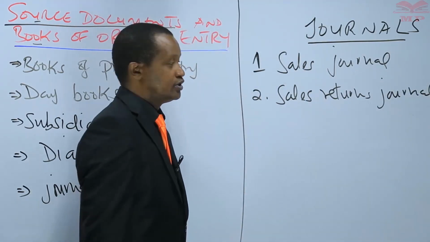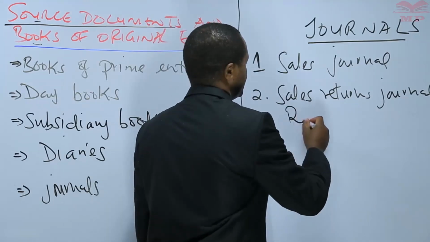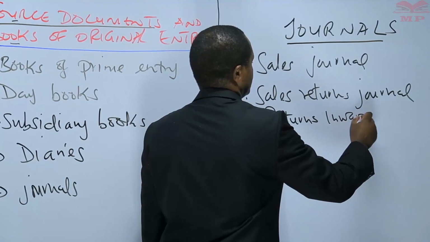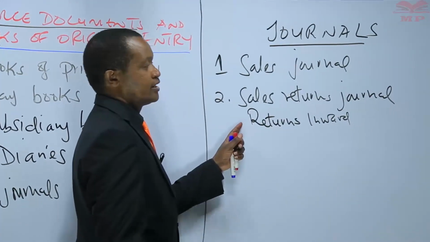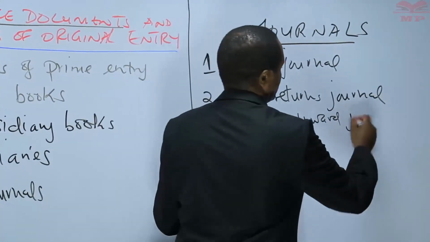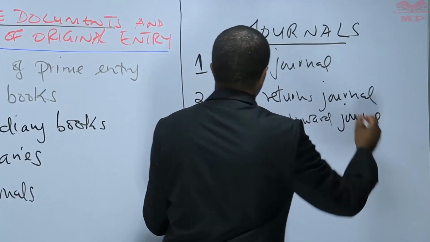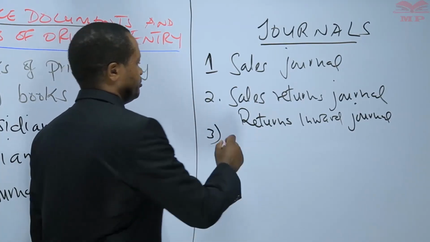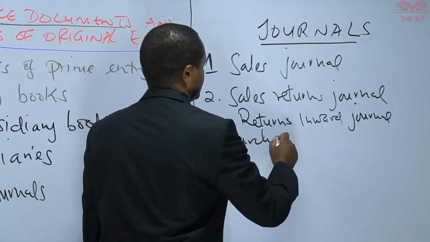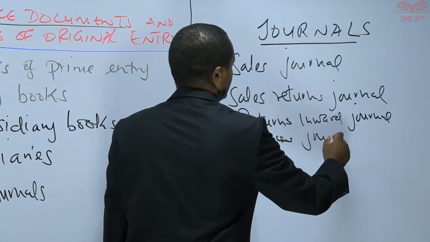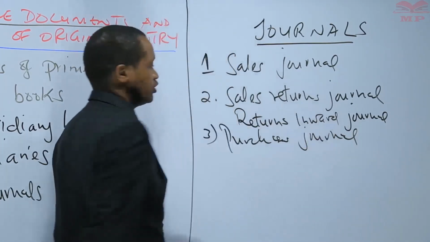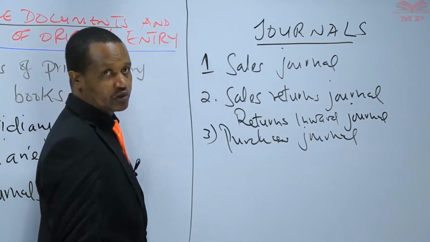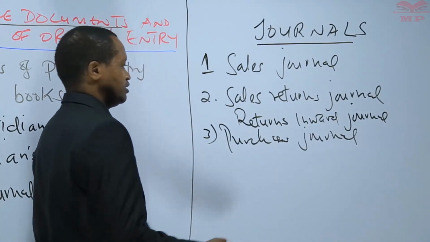This may also be known as the returns inward journal. Number three is the purchases journal, or purchases daybook.